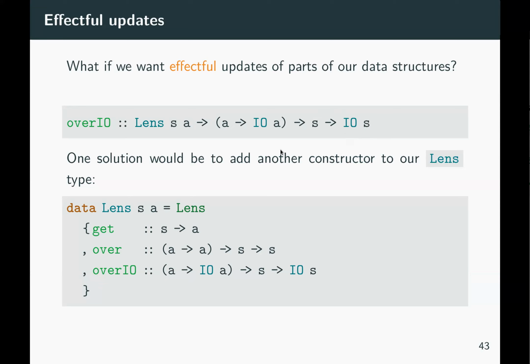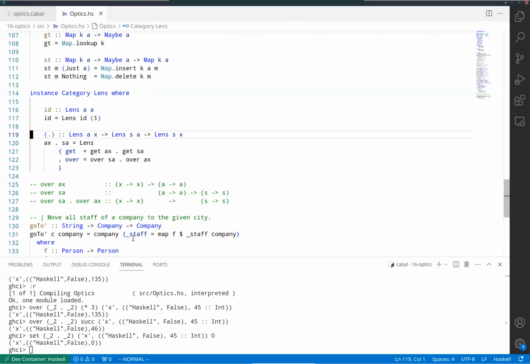So one way to do this would be to make our lens type more complicated and add this over IO as well. However, we don't need to, because we already can implement over IO with what we have so far, with just get and set. So let's do this.